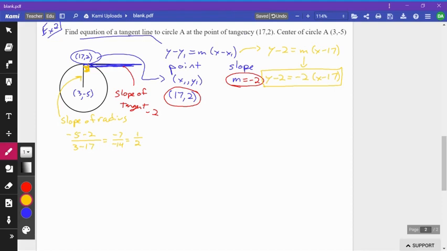And that's it. So remember the basics of what you need for a line. I need a point, I need a slope. And then where are those in reference to the shape? The point was the point of tangency, and the slope was the negative reciprocal, perpendicular slope, to get the equation.